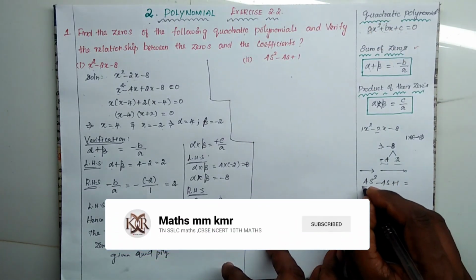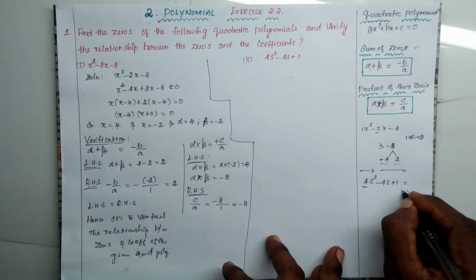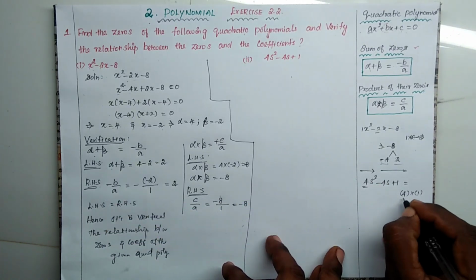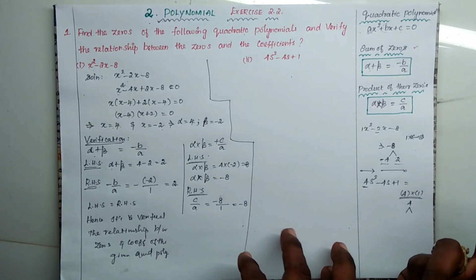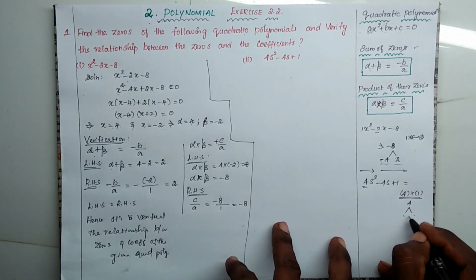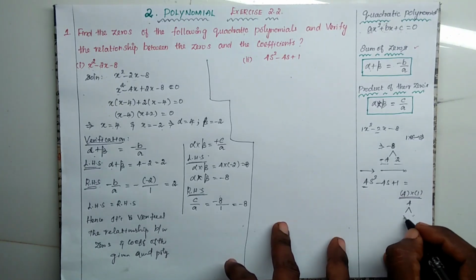Now we have to check: the coefficient of s square is 4, and we have to multiply it with the constant, which will give us 4. We have to split the middle term into two parts. If we multiply them we should get 4, and if we add them we need to get minus 4. So take minus 2 and minus 2.